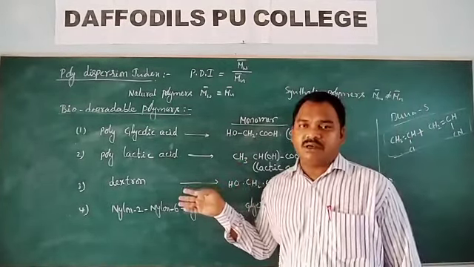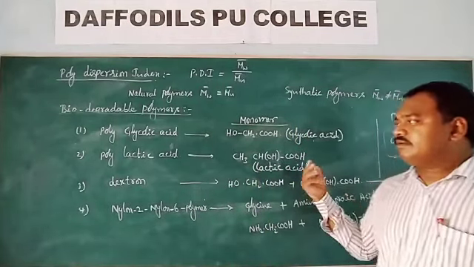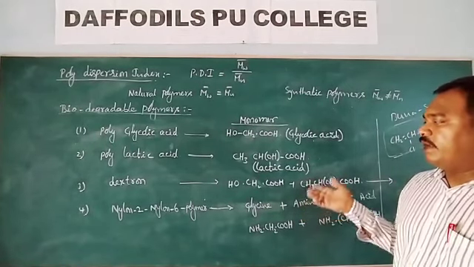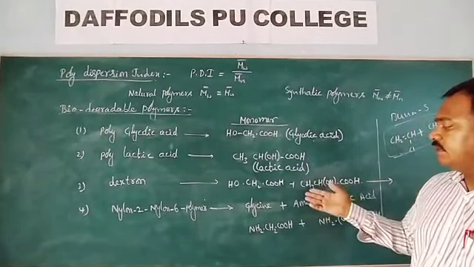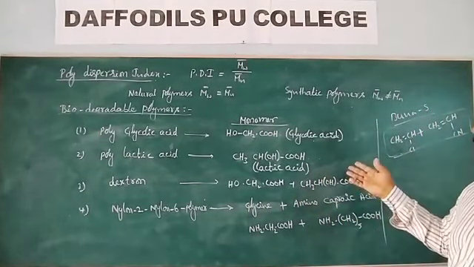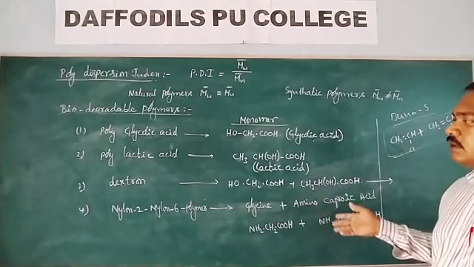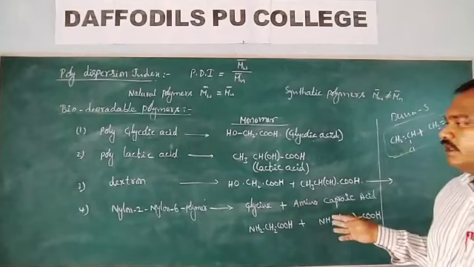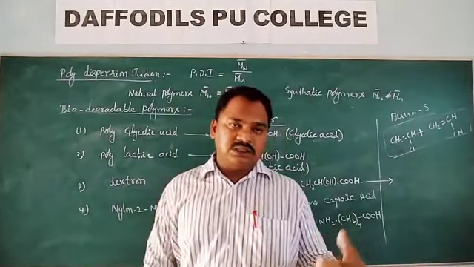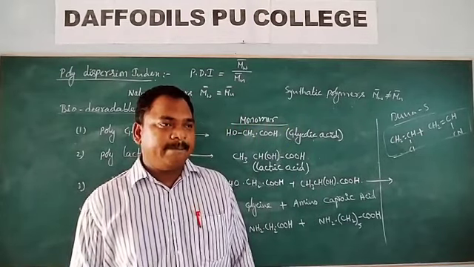In addition, I showed you how these polymers are formed by connecting the monomeric units, taking different polymers and showing how the connections take place. All those things are explained in 3 or 4 videos, I think. So this is about polymers. Okay, students. Thank you.